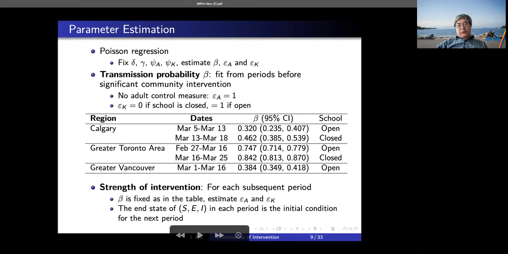It's still the same SEIR model, and you can think of the epsilon A and epsilon K's as step functions. The end state of the state variables, S, E, I, R, in each period is the initial condition for the next period.